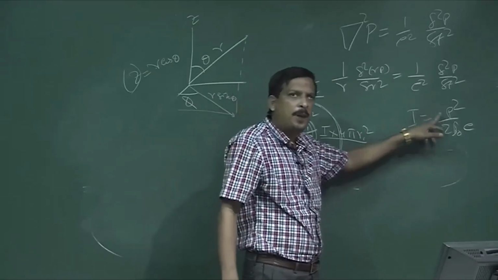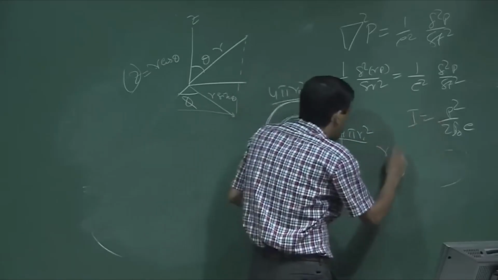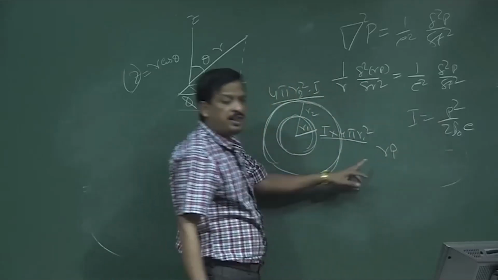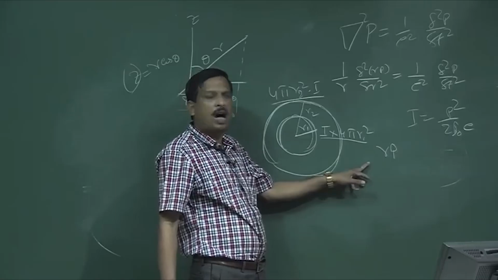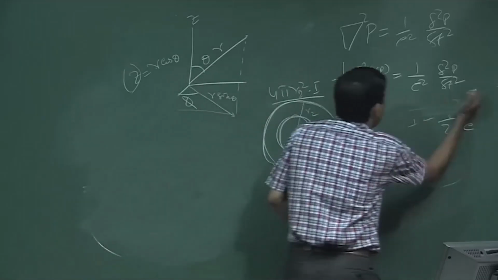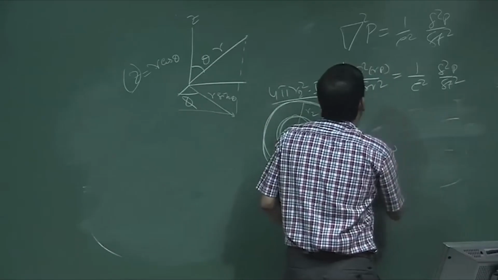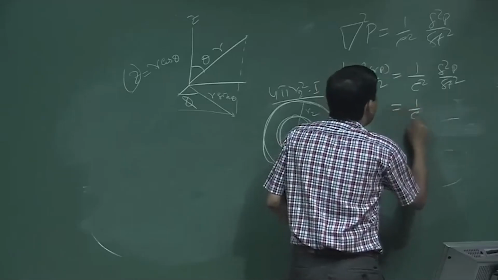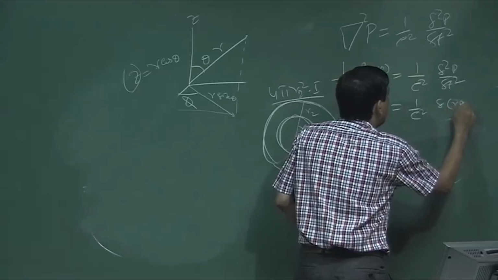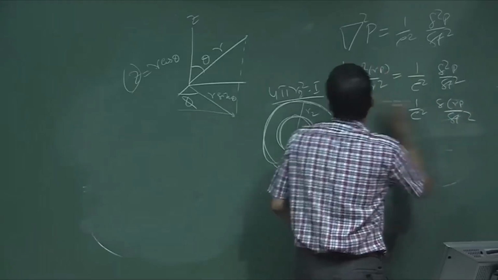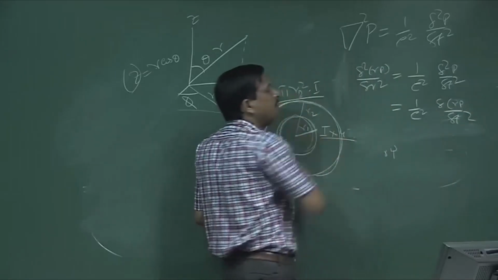So, instead of p, I consider rp as a parameter, the pressure amplitude which is independent of r. So, instead of p, here I consider rp as the function. So, I can write the second derivative of rp with respect to t, so this 1 by r will not be there.